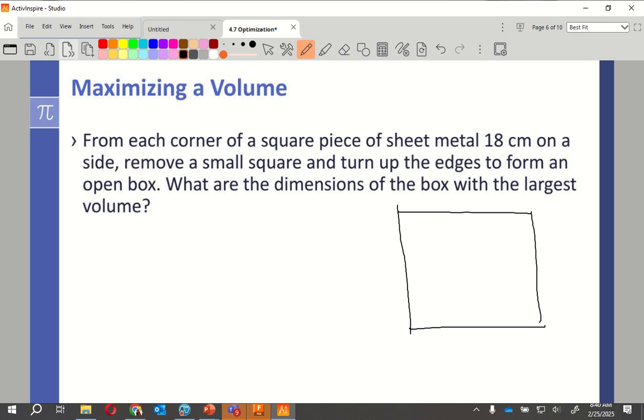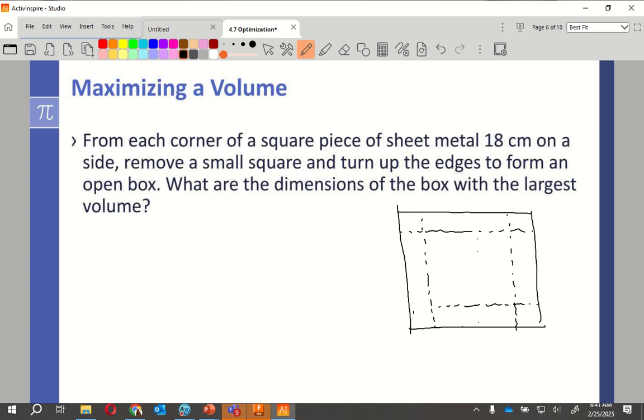Okay, so there's my square. Now, in my square, I'm going to cut a little corner, a square out of each corner. So watch this. I'm going to dotted line through here. Give it some values.